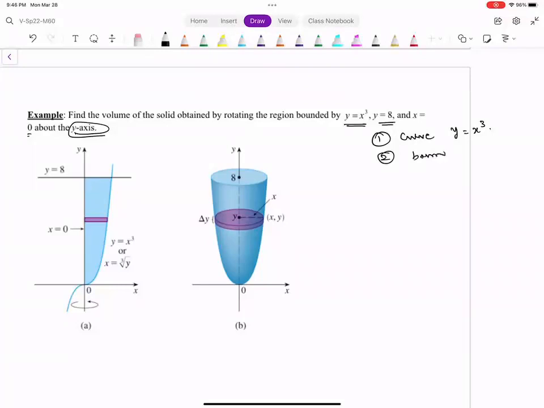It is bounded by y equals 8 and x equals 0. x equals 0 is the equation of the y-axis. So it is bounded by the y-axis and also y equals 8. Then it is rotated about the y-axis.